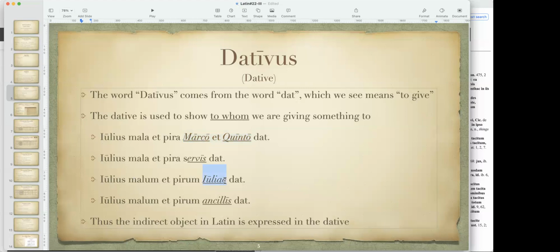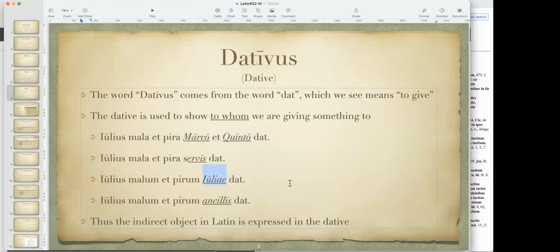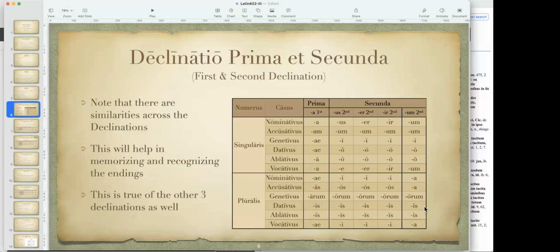So we do see that in the case of the feminine singular, it does have an ending different from the ablative. And then Julius malum et pirum ancillis dat. And what's interesting is in the plural, the dative and the ablative endings are all the same. They're all is.